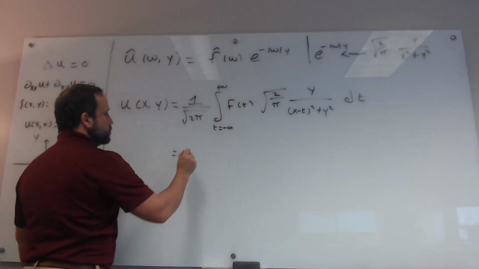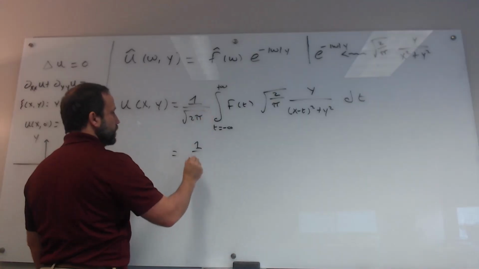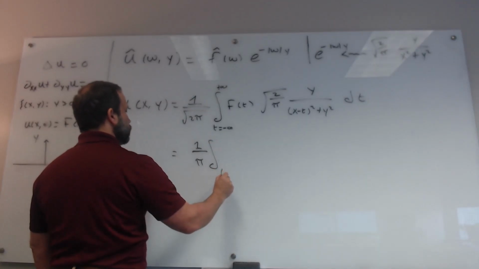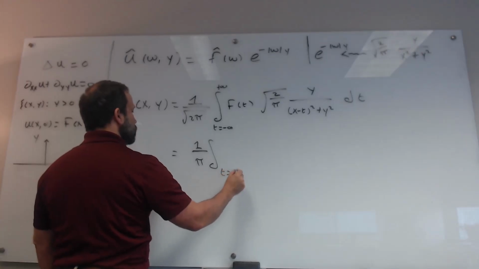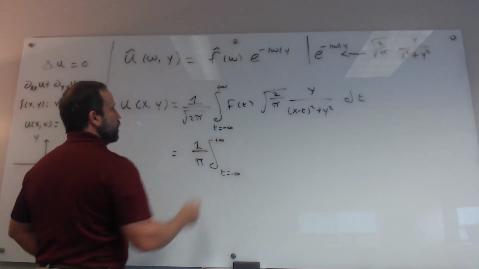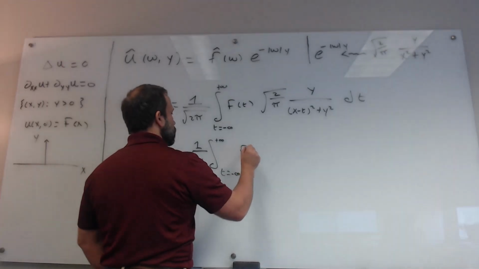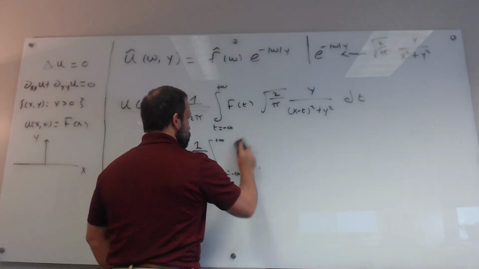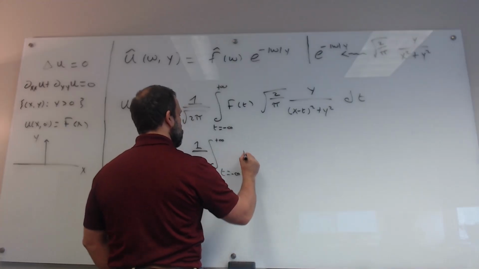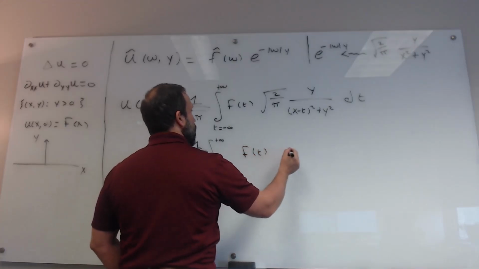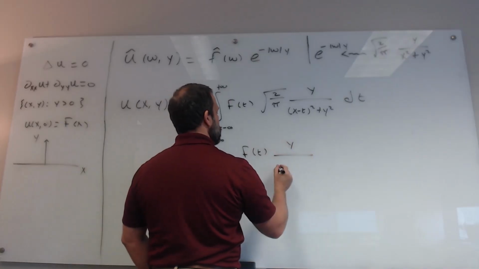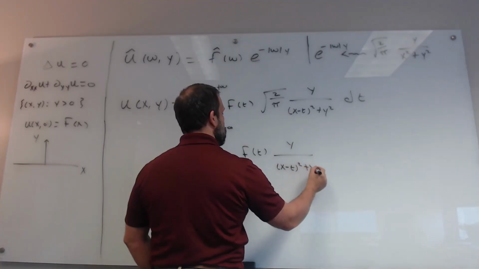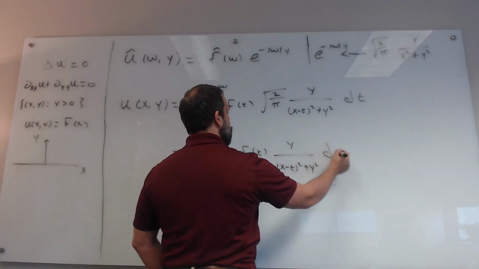The square roots of 2 cancel, and then we end up with 1 over pi times the integral, t equals minus infinity to positive infinity, f of t times y over x minus t squared plus y squared dt.